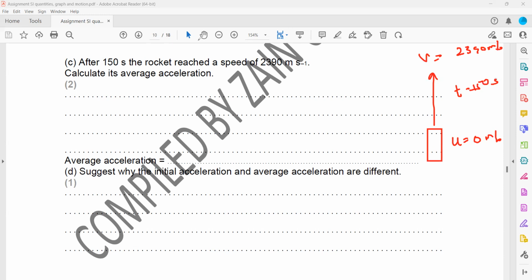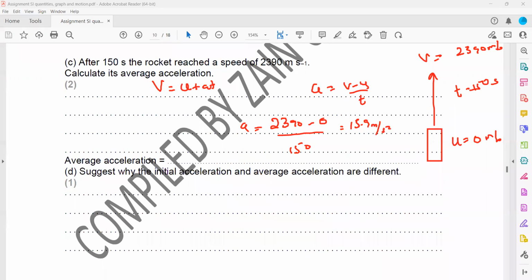To work out the acceleration, we can use the equation of motion v = u + at, or acceleration is change in velocity divided by time. So it will be 2,390 minus 0, divided by 150. When we divide them, this gives us 15.9 meters per second squared.